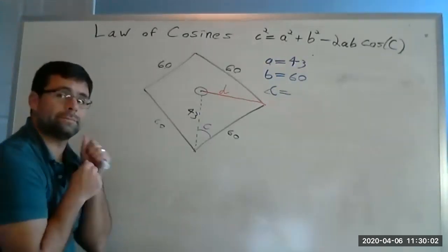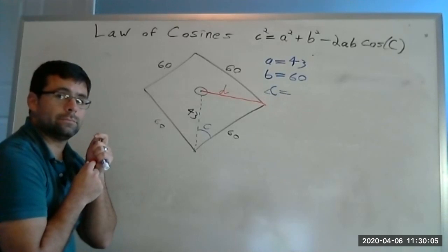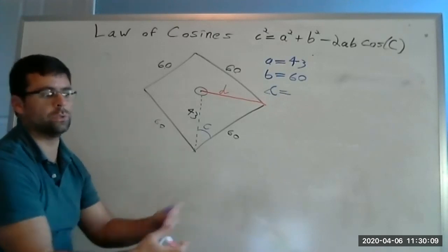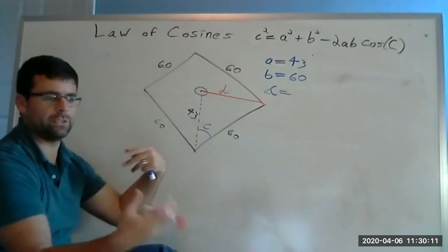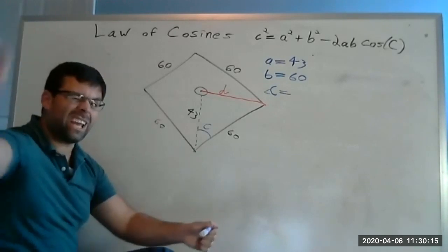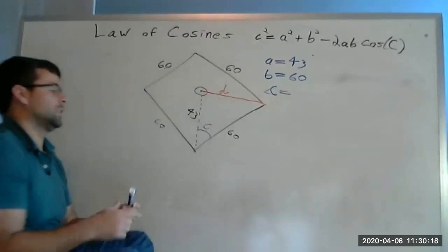Give me something that has to be true for the object to be a square. All 90-degree angles.